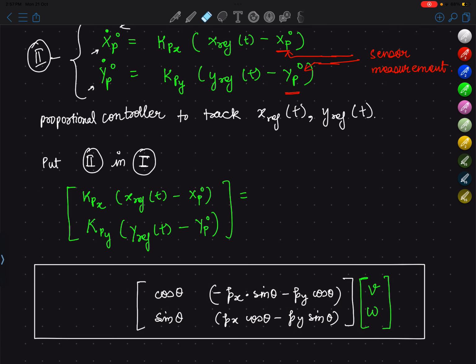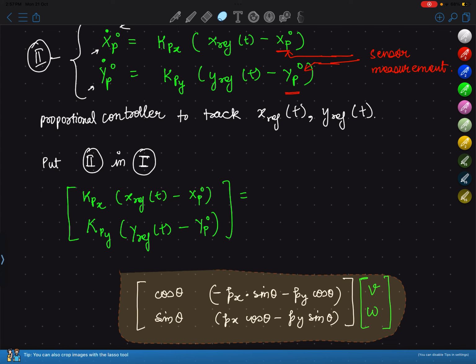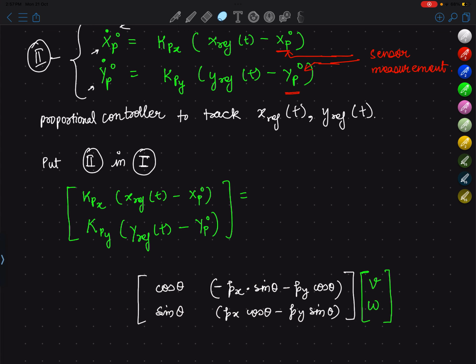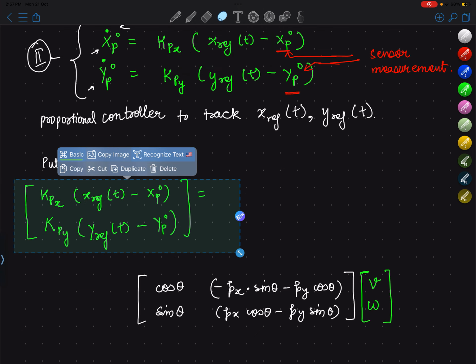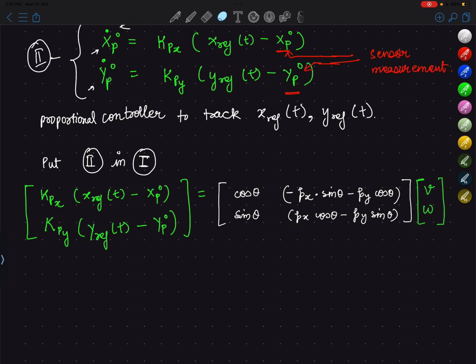Let me just rearrange them a little bit. Okay, so this is the resultant thing.